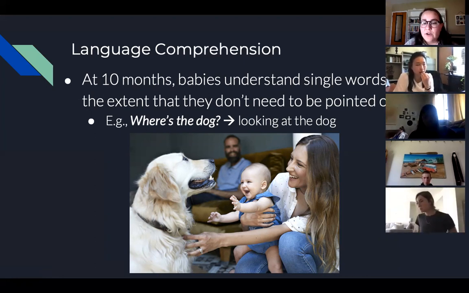At this stage, you can ask a 10-month-old baby generally, where's the dog? And the baby will look at the dog. You don't need to point to the dog. You don't need to direct the baby's attention anywhere. The baby is able to identify that labels, words, are associated with certain objects.